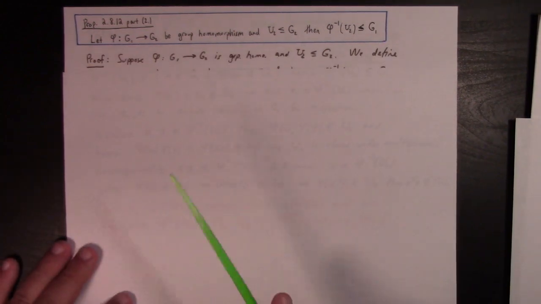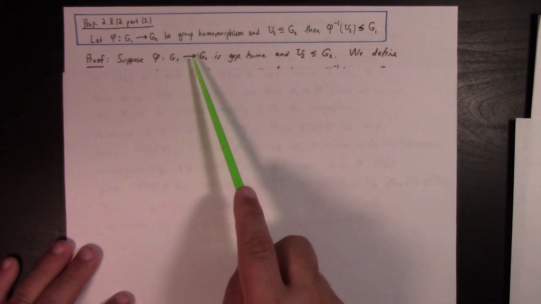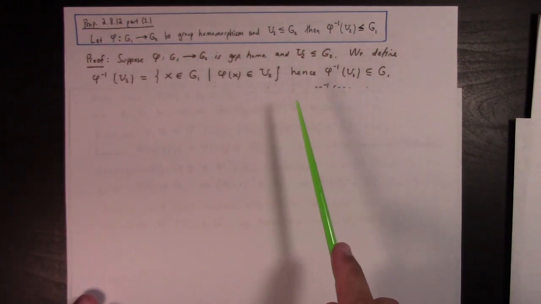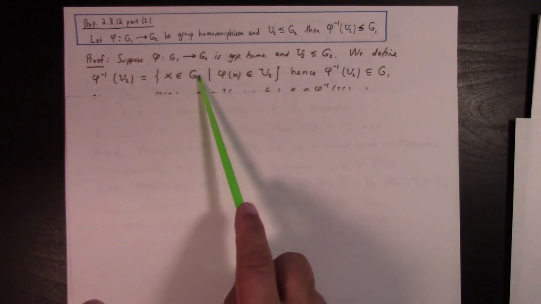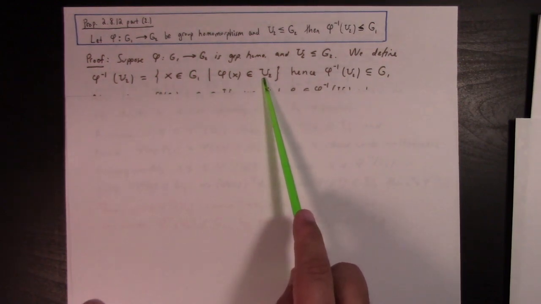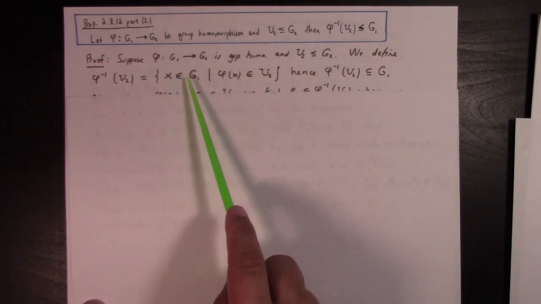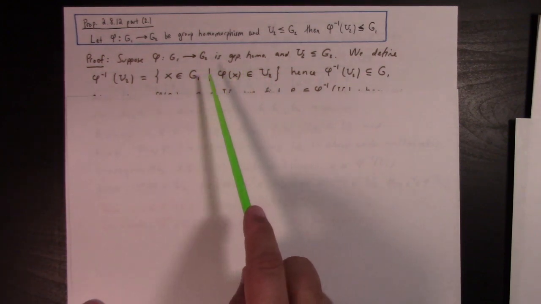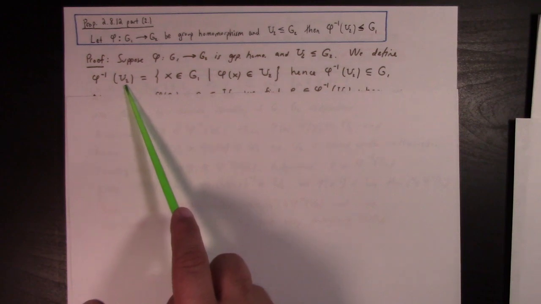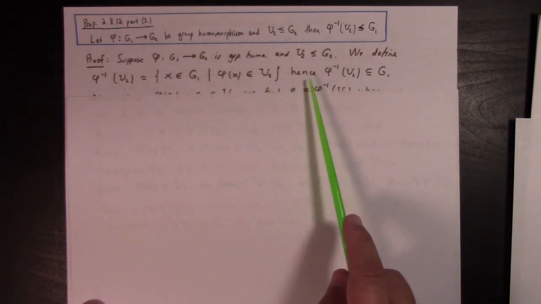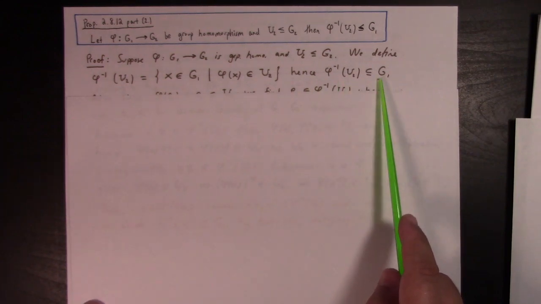In particular, let's suppose we've got a group homomorphism again, and U2 is a subgroup of G2. We define the inverse image to be the set of points in the domain which map to U2 in the codomain. So x in G1 such that phi of x is an element of U2. That defines the inverse image of U2 under phi. And so, of course, by construction, the inverse image is a subset of G1.